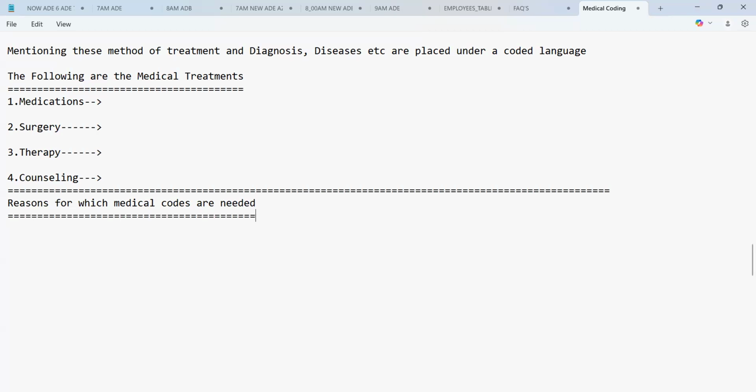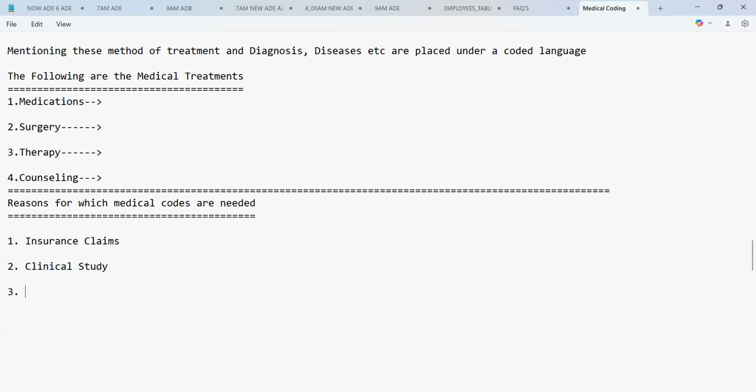The first one is insurance claims. And the second one is clinical study. Medical insurance claims, clinical study.